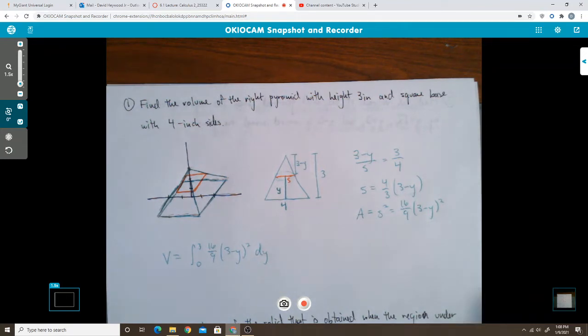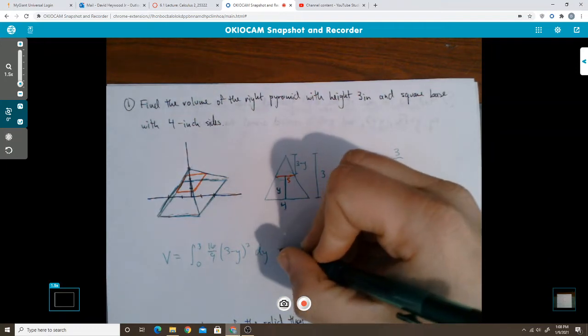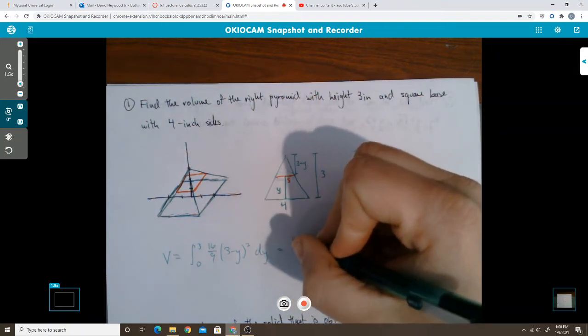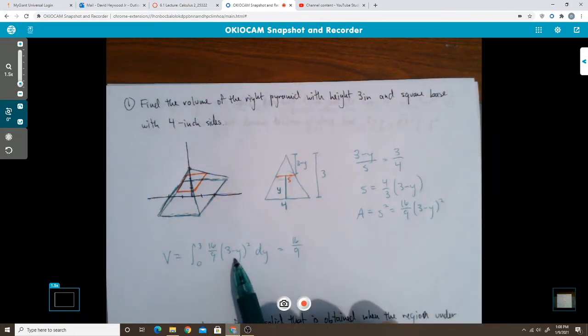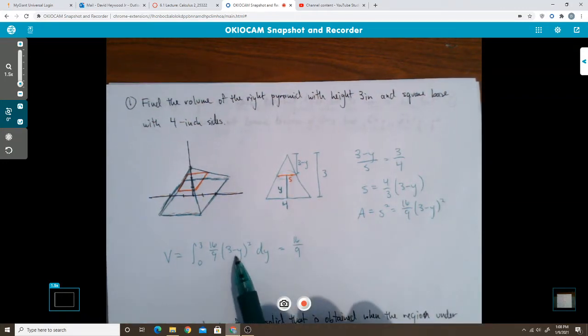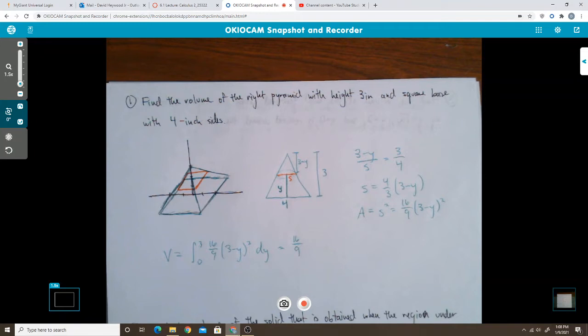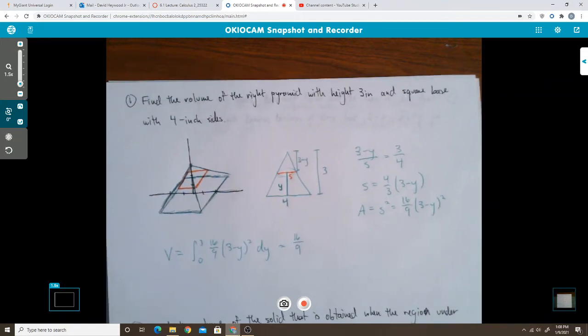So let's do this now, right? First of all, I can take out the 16/9. Second of all, focusing on 3 minus y squared, you could do a little u substitution if you like, or you can expand this and then use the power rule for each of the 3 terms you're going to get. But let's just think.